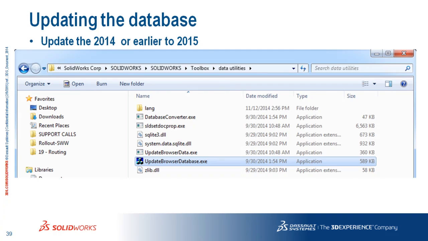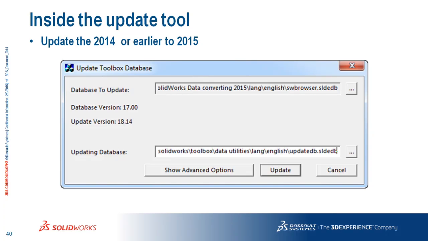And then, update browser database EXE. This is the one we all ran before. So the first one is the new step. That's just for 2014 to 15. Then you have the update browser database EXE. That looks like this. Everybody seen this one before or not quite yet? If you've done a manual upgrade in the past, you've probably seen this thing already.